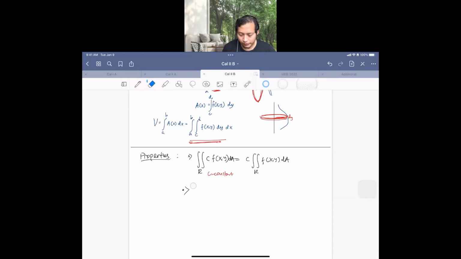Second point, we have the integration of f(x,y) dA. If the function inside has another function added, we write plus g(x,y), and both of them are integrated with respect to dA. We can separate this into two double integrals.